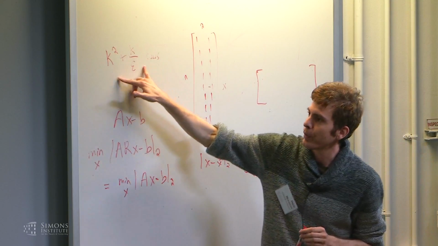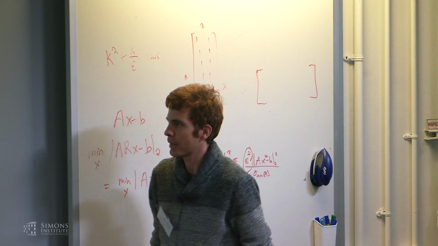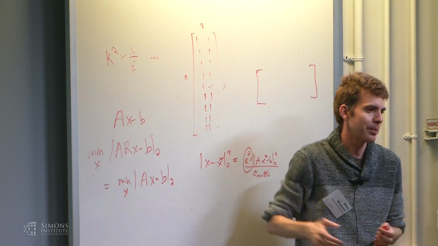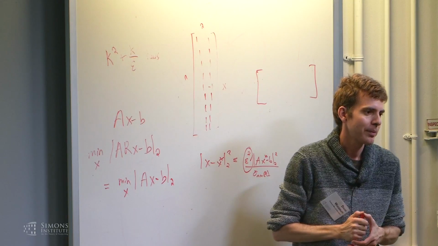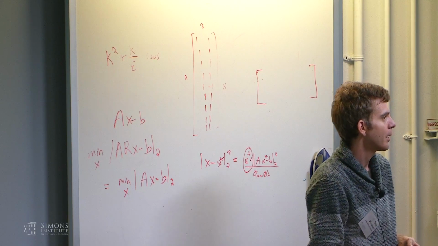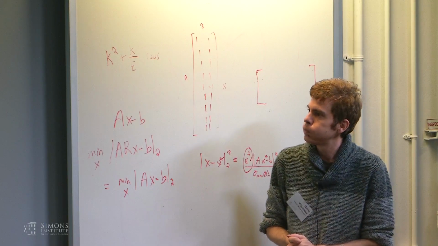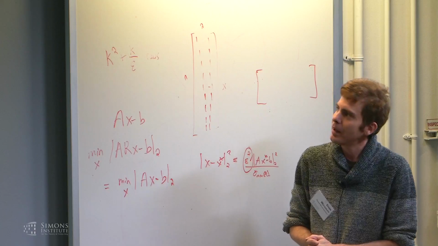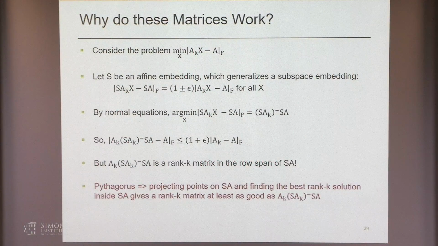So this is the number of rows, and when I say poly k over epsilon, this appears in that polynomial, that running time. Yeah, that's right. Have you made an effort to optimize that additive poly k over epsilon term? Is there an interest in that, or is it small enough so it doesn't matter? I would say both.